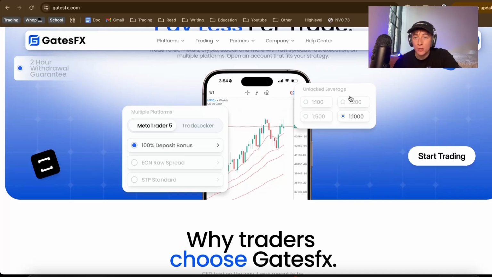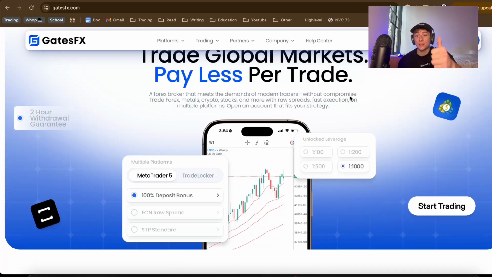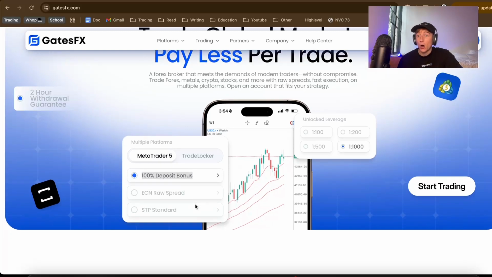So as I was showing you guys on Euro USD, not only will you get to place more lot size, but you will also be able to get those raw spreads right here, ECN raw spreads. And then there's a bonus account, but one of the things with the bonus account is that they do give you bigger spreads and more commission on the bonus account. So even though you're getting a 100% deposit bonus, there are some downsides. So you just have to pay attention to those other things and choose personally.